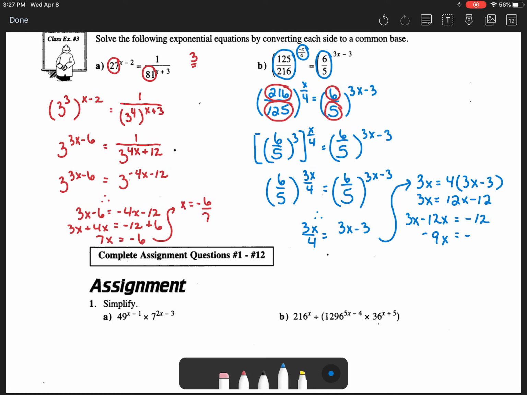So this will be negative 9x equals negative 12. So x will equal, and it's going to be a positive value because it's 12 over 9, like so. And then I can divide both sides of the equation by 3 and reduce it to simplest form, which is going to be 4 over 3. And there you go, that's it.